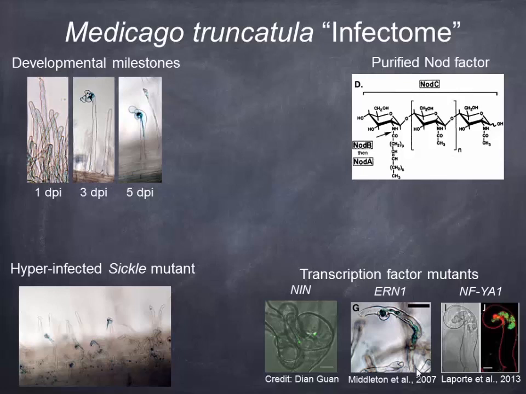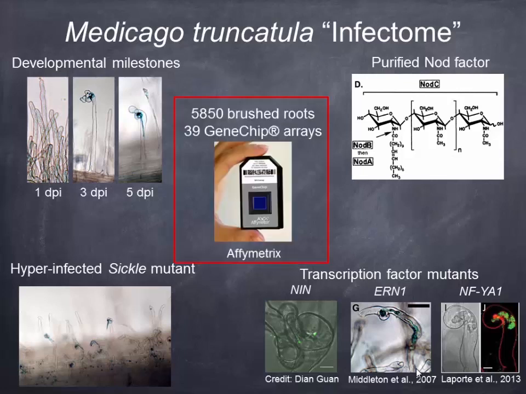Our rationale was, if an infection-specific gene is present, the transcript should be more abundant in this hyper-infected mutant, so we should be able to detect them with more sensitivity. And then finally, a set of transcription factors. These are key components of the signaling pathway that I talked about before, and we aim to find out the targets of these.